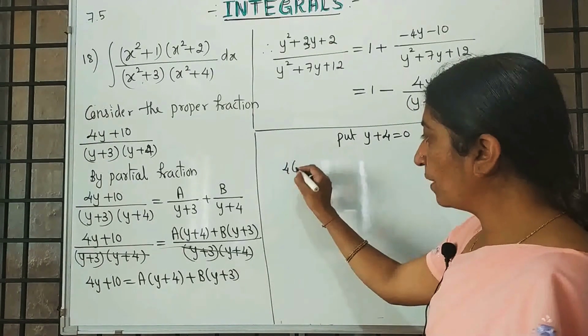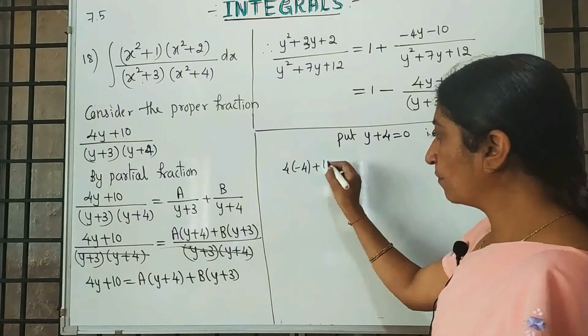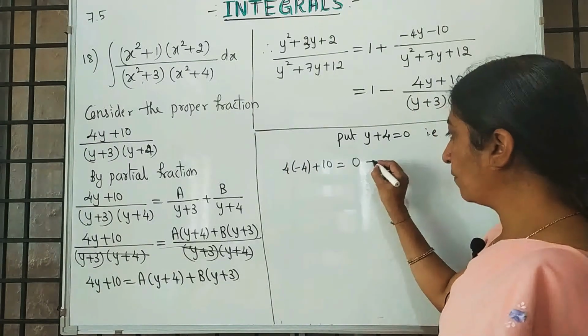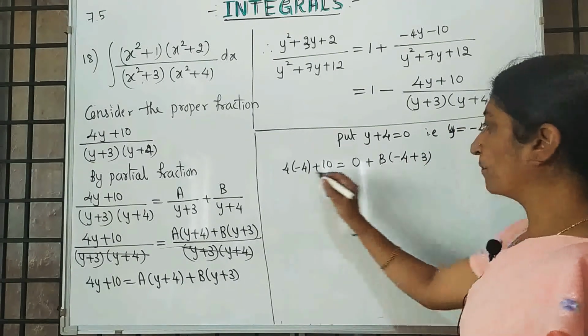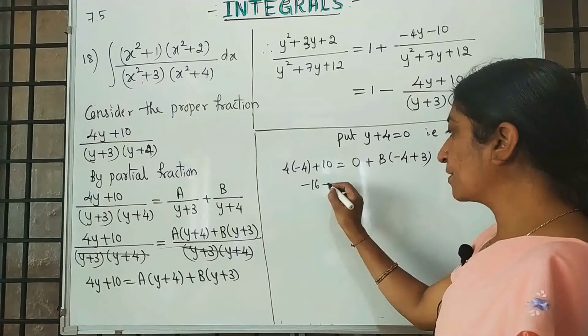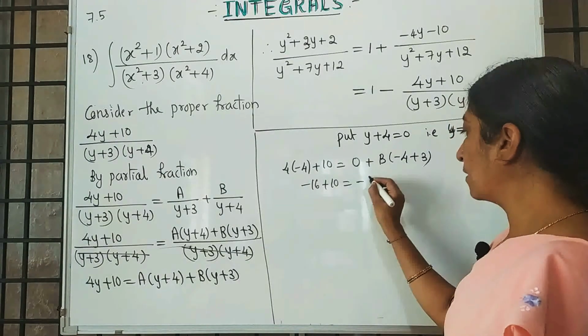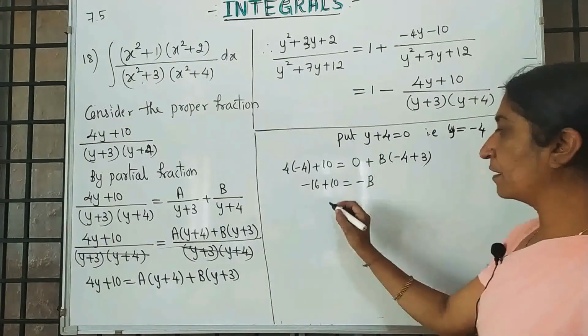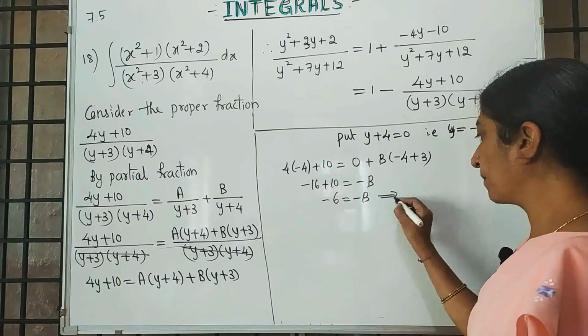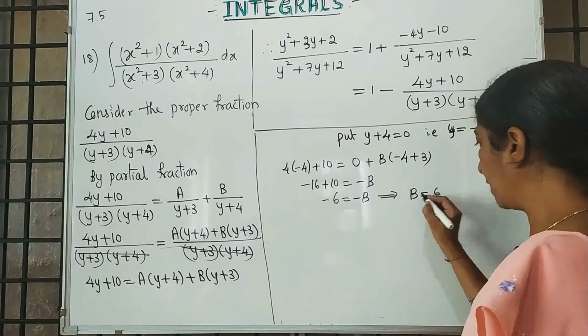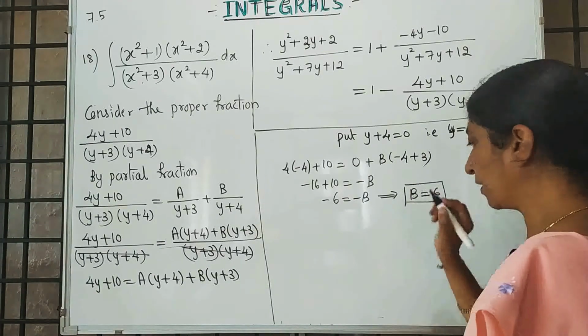So 4(−4) + 10, A becomes 0, B is (−4 + 3). It is −16 + 10 = −B. −6 = −B, which implies B = 6.